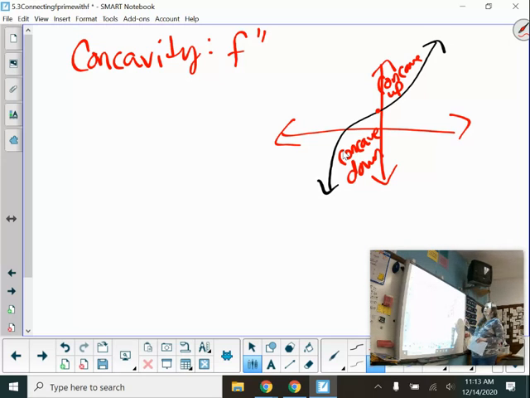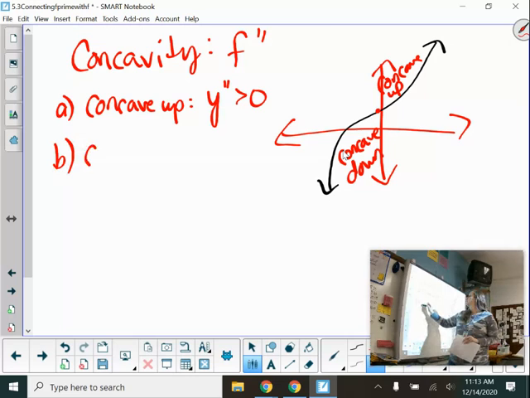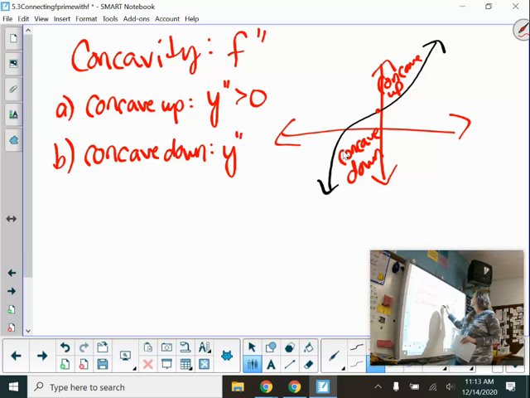That's where you switch concavity. So to tell concavity, where your second derivative is positive, it's going to be concave up. And it's concave down where your second derivative is negative.